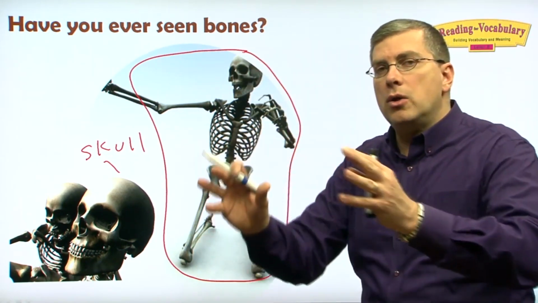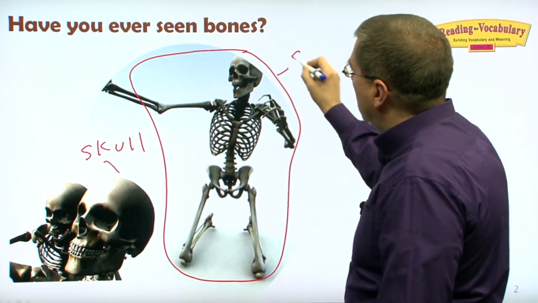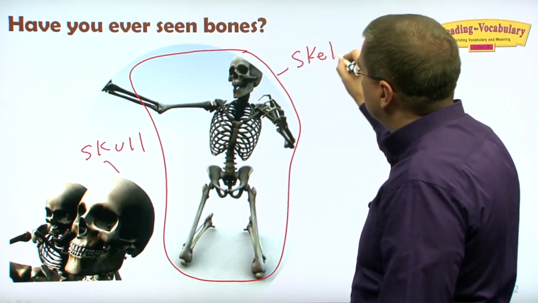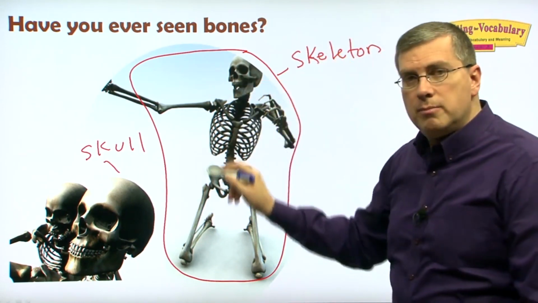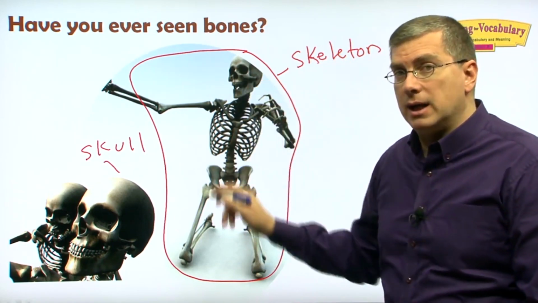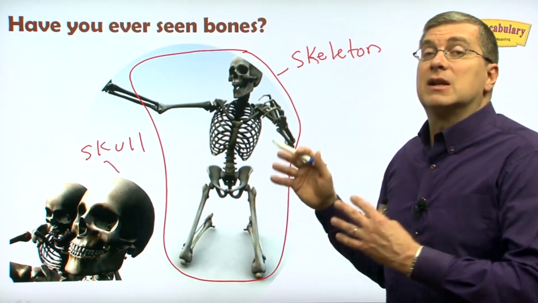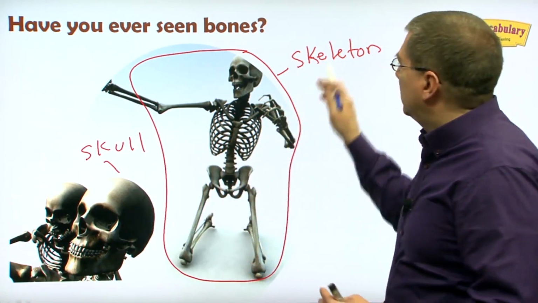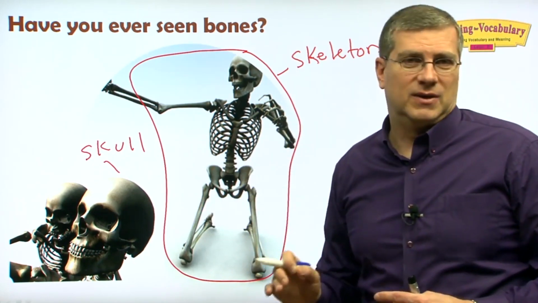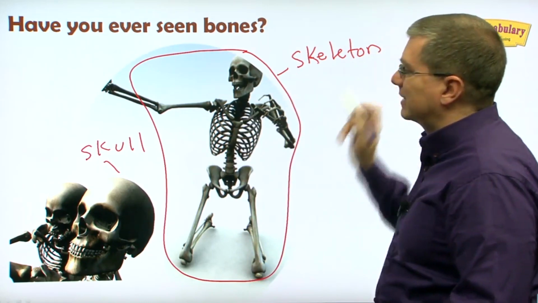If all the bones are connected, we call that a skeleton. A skeleton is all the bones in an animal's body that are all connected and in the right place. It's a complete skeleton. Sometimes if bones are missing, we say it's part of a skeleton. But the whole collection of bones is the skeleton.